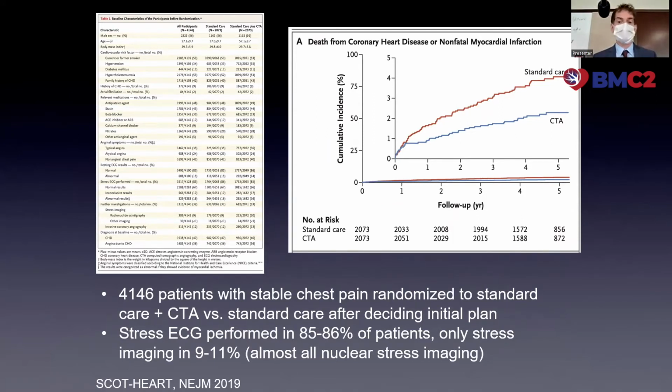And what they found is that 86% of patients only had an exercise EKG. So really what this tells you is that standard of care, where almost 90% of people are only getting an exercise EKG, is not as good as coronary CT. But it'd be really interesting if they had used a different type of test.